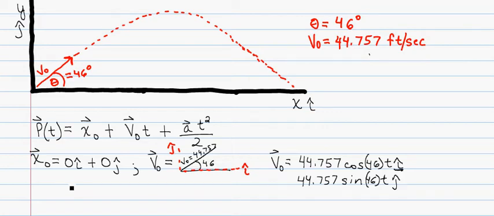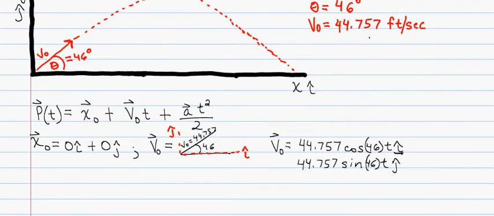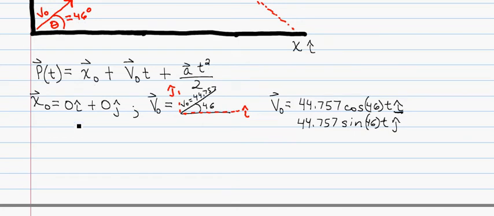Finally, let's take a look at the last piece, the a vector. A is what we've defined as the acceleration due to gravity. We know that to be equal to negative 32.2 feet per second squared. So how do we apply that to what we're doing here?